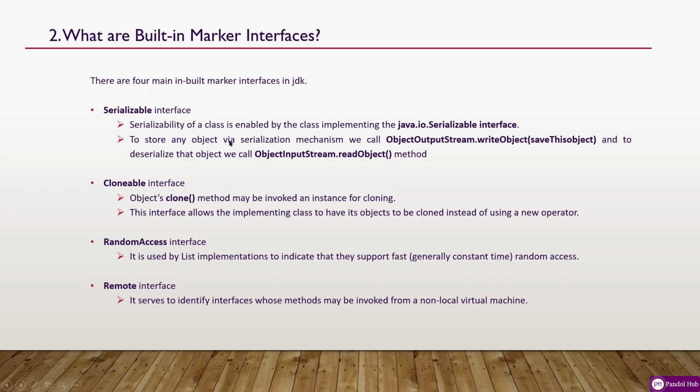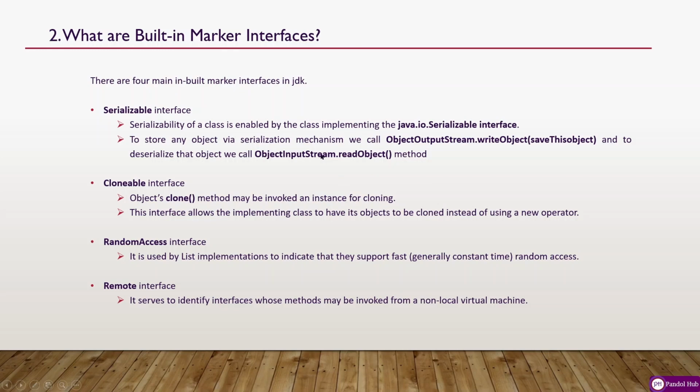To store any object via the serialization mechanism, we call ObjectOutputStream, and to deserialize that object, we call ObjectInputStream. So here, this Serializable interface being a marker interface doesn't contain any fields or methods. But just by implementing that interface, how can we serialize our objects?